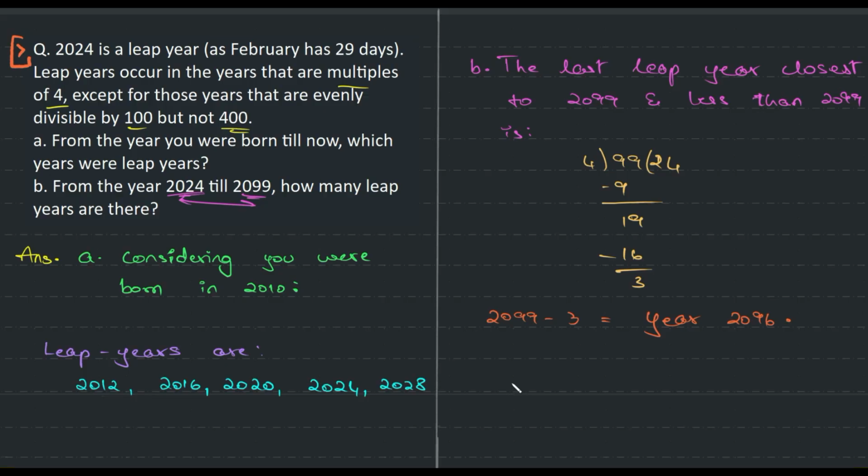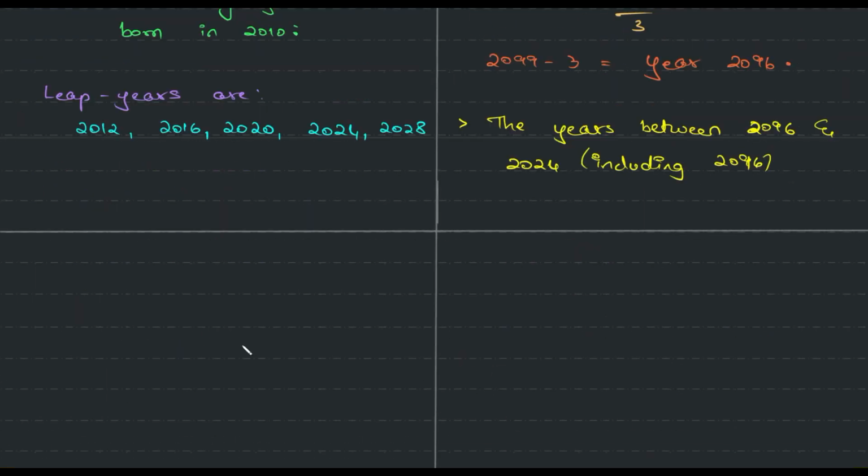So how many leap years will be there between 2096 and 2024, including 2096? How do you find this? How many years are there? So what should we do? Subtract. As simple as that.